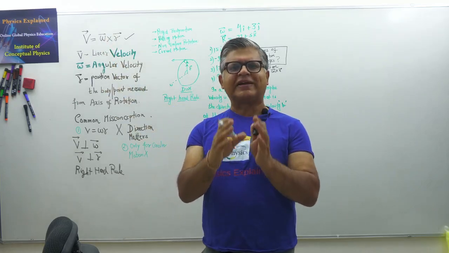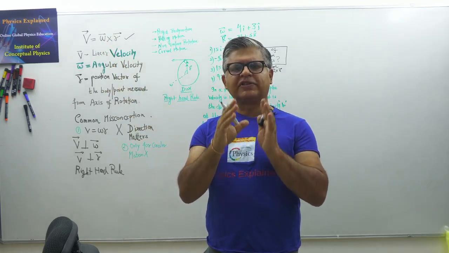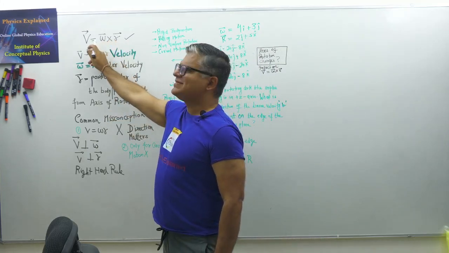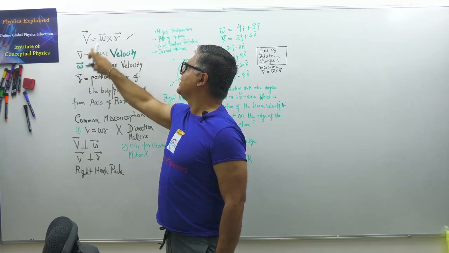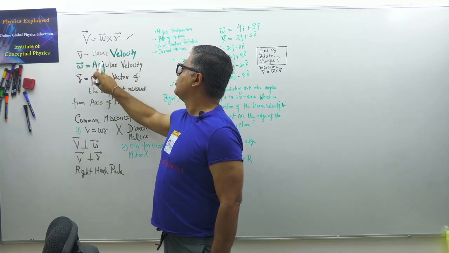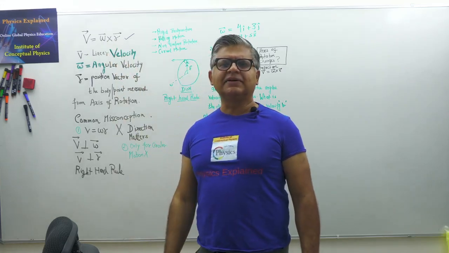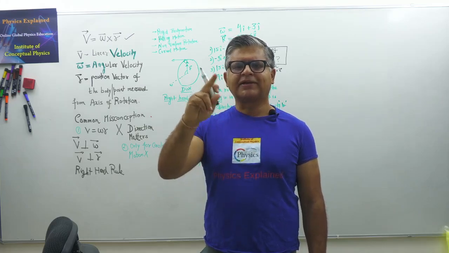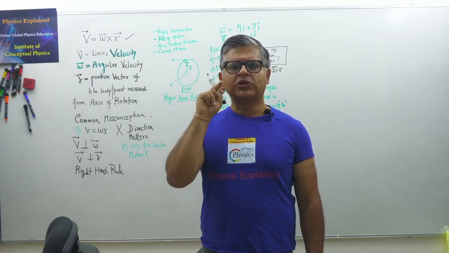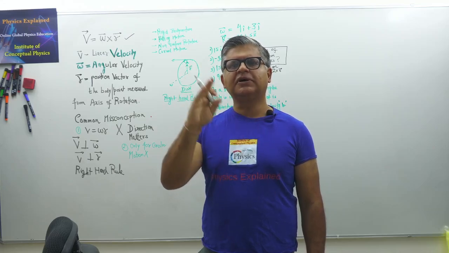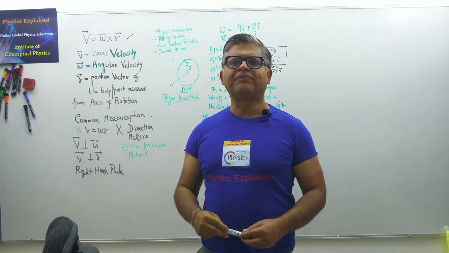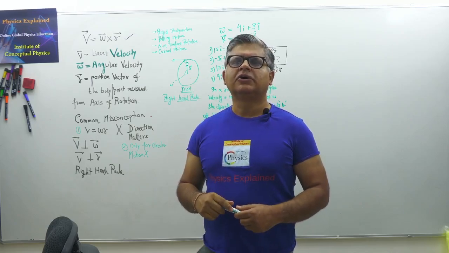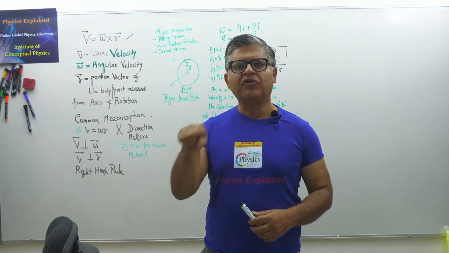All the rules of vectors which are associated with vector product will be applicable. You know v is the linear velocity, ω is the angular velocity, and r is the position vector as measured from the axis of rotation. If you know the axis of rotation, measure the r, which is a position vector of the point which is undergoing the rotational motion or uniform circular motion.